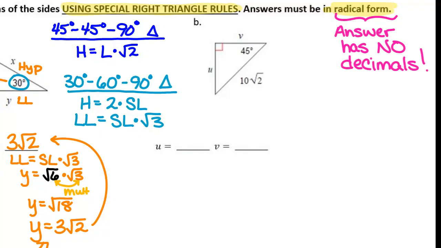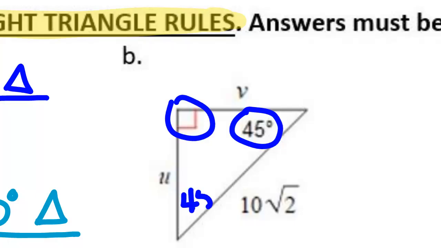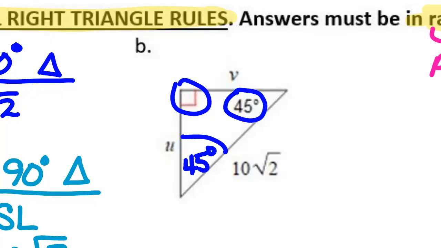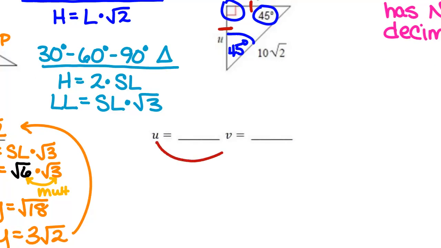All right, part B. We want to find U and V. Since it's a 45, 45, 90, I know that because I see 45 here and 90 here. So this has to be a 45-degree angle down here. U and V are congruent. So these will be the same.